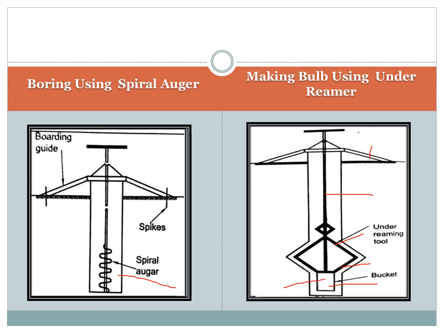When the bucket is full, a pull is applied to the handle, due to which the blades fold vertically and the assembly is taken out for emptying the bucket. This process is continued till the required size of under-ream or bulb is obtained.